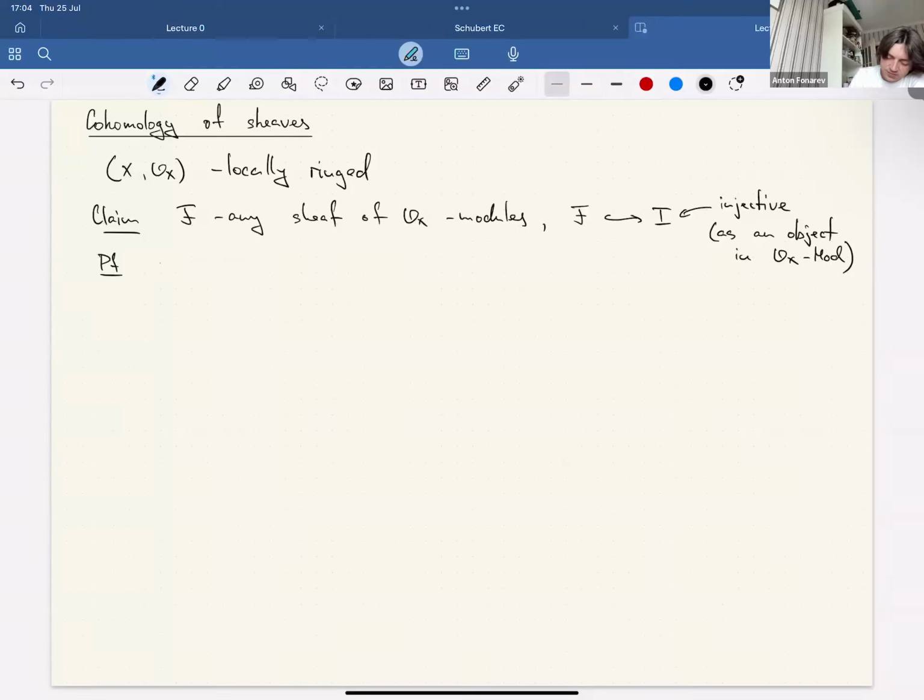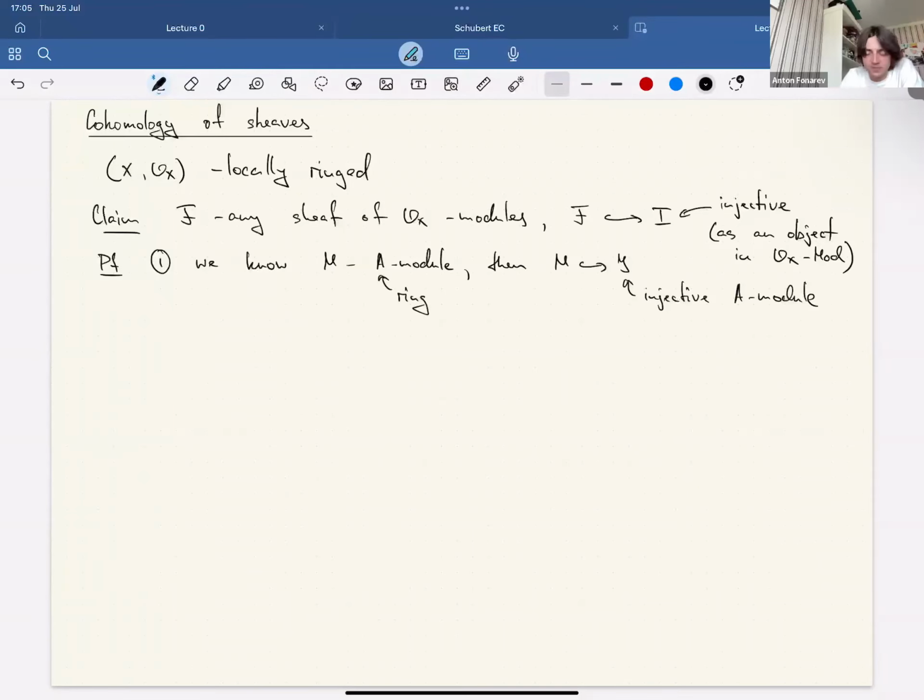Step one, we know that if M is an A-module, then M can be embedded into, let's call it J, an injective A-module, where A is a commutative ring.